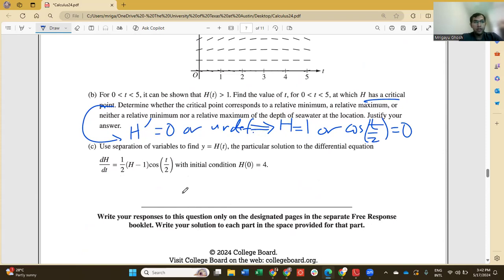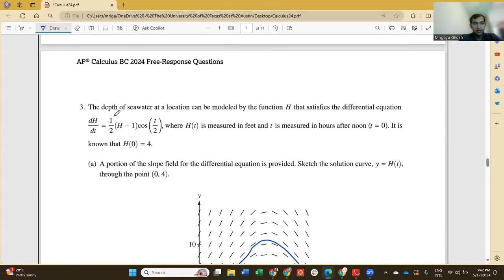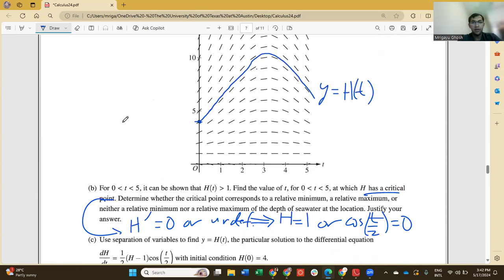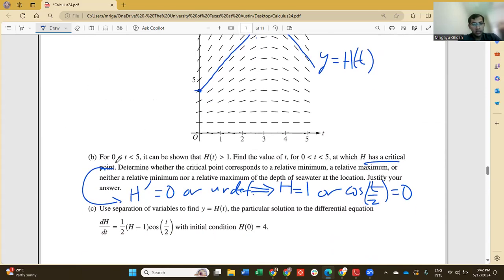And there's no value that I can think of that would make these undefined, unless h is undefined, but they tell us for this interval, h of t is bigger than 1, so that means this solution goes away. So we're only going to look at this: cosine of t over 2 is equal to 0.